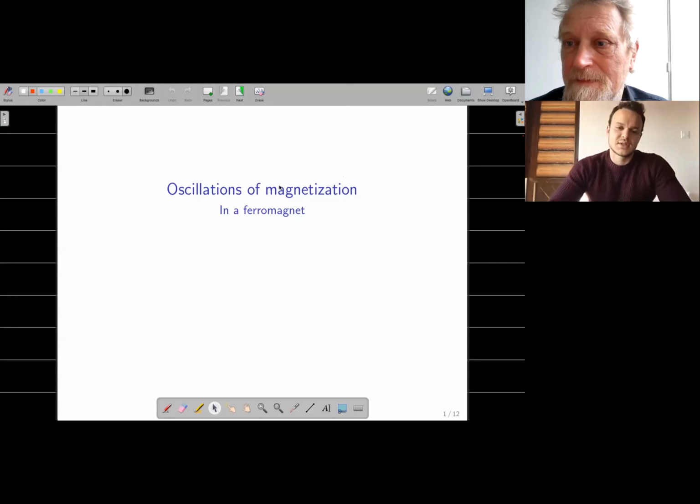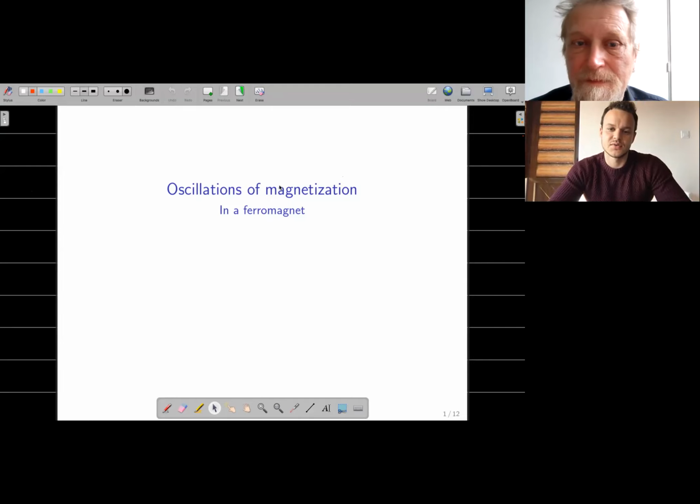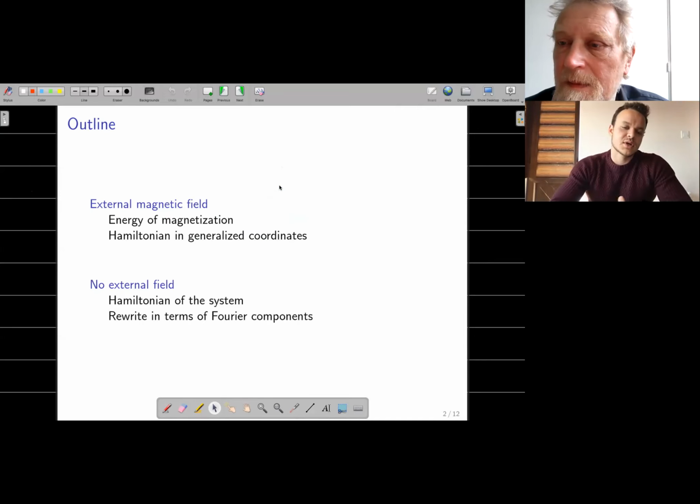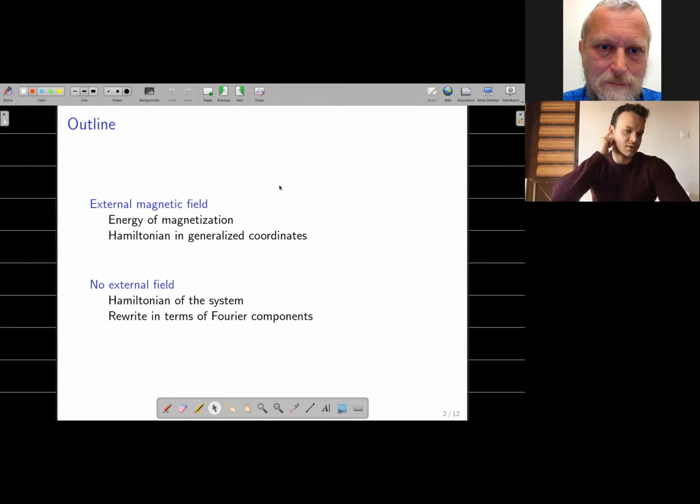Okay, so as Yuli said, we're going to talk about oscillations of magnetizations in a ferromagnet, and we're going to derive magnons in the end. As an outline of the talk, first we're going to look at this ferromagnet in an external magnetic field. In this, we're going to be interested in the energy of the magnetization, and we're going to derive the Hamiltonian in generalized coordinates.